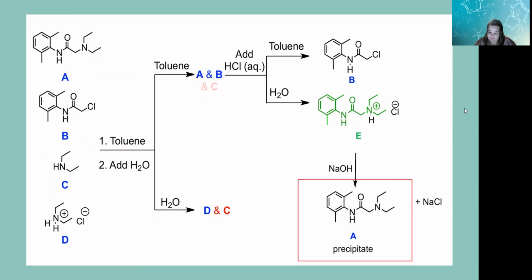Then we go ahead and we get B here, as well as the protonated form of lidocaine. Then we take what's in that aqueous layer, right? The toluene, that's your organic layer, and the aqueous layer is what's going to have the protonated form of your lidocaine. So you take that, and then you used your NaOH, sodium hydroxide.